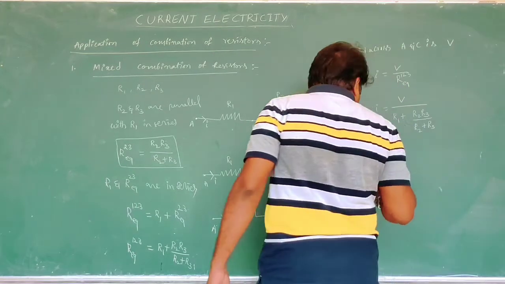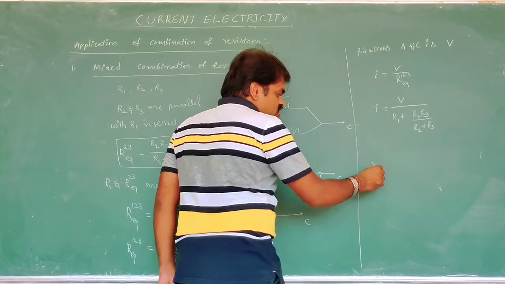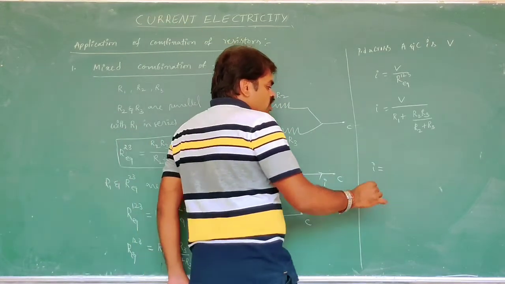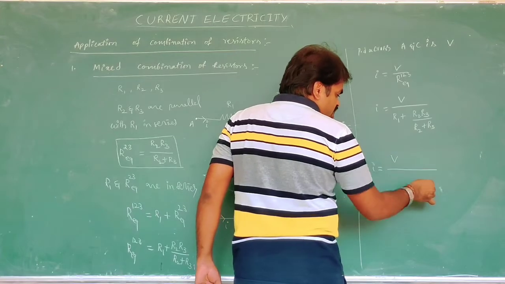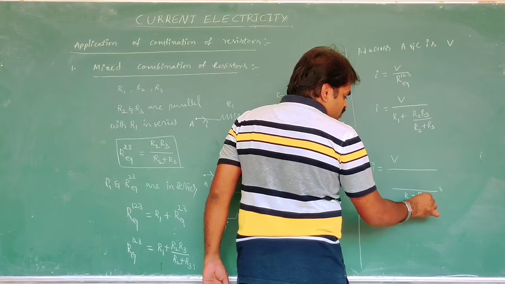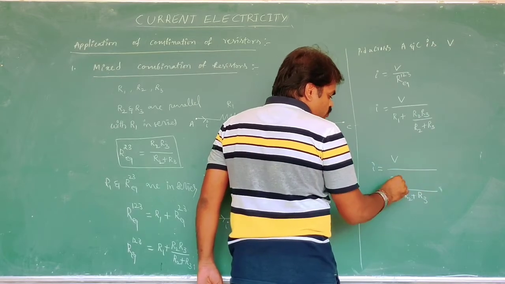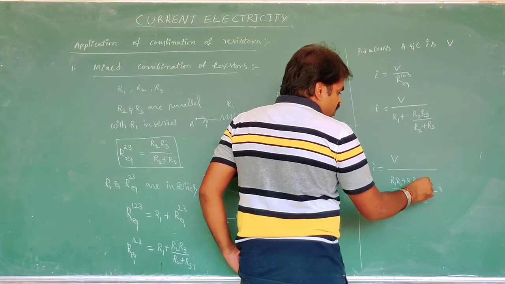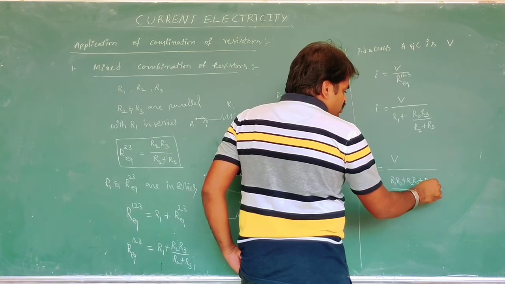Now the current in the circuit: I is equal to V, taking the LCM in the denominator, R2 plus R3, then R1 R2 plus R2 R3 plus R3 R1.